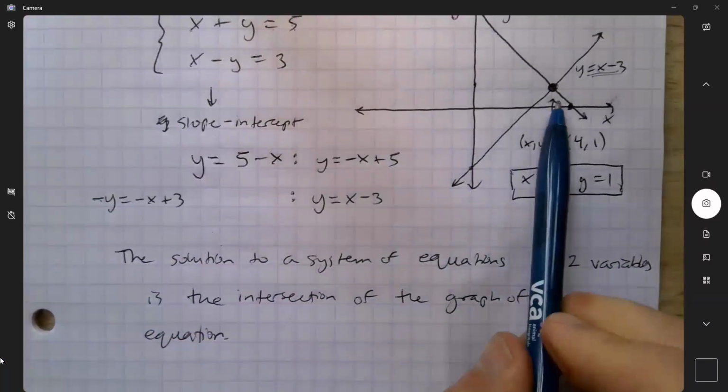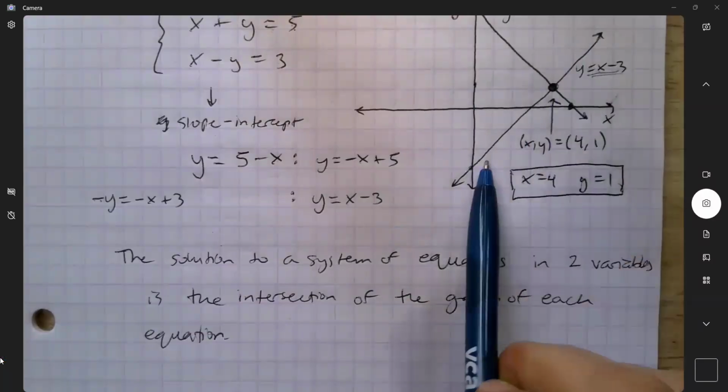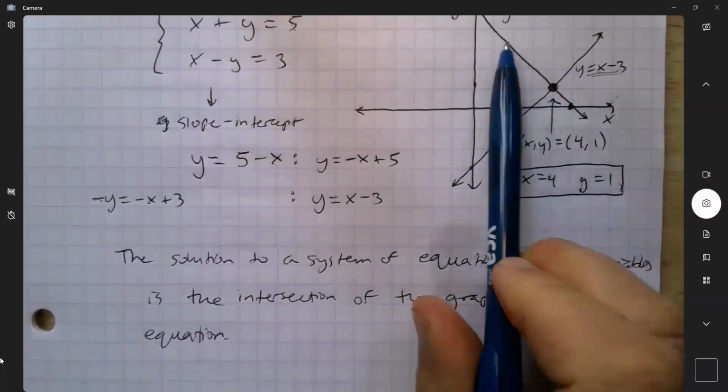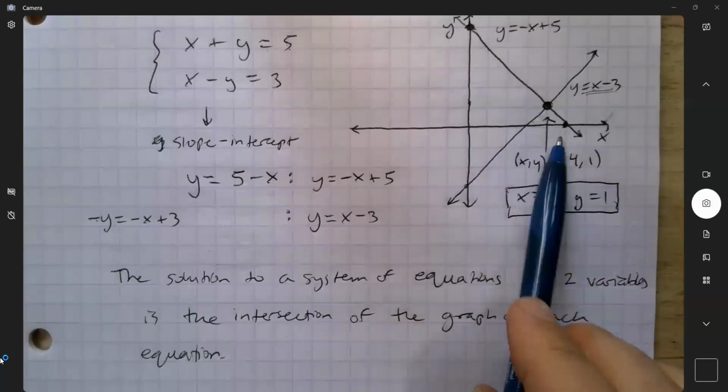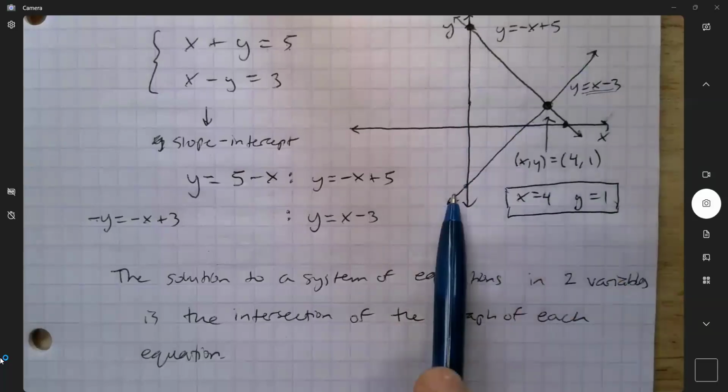The point 4 comma 1 is the intersection of my two lines, and it is the point that satisfies both my first equation and my second equation.